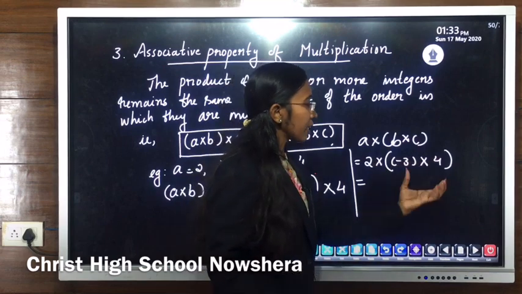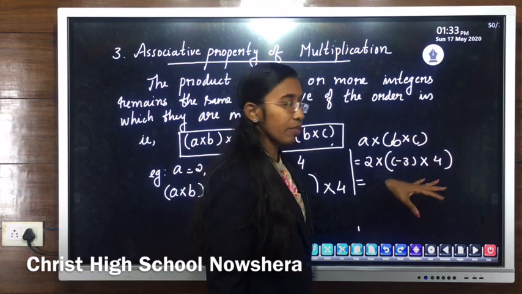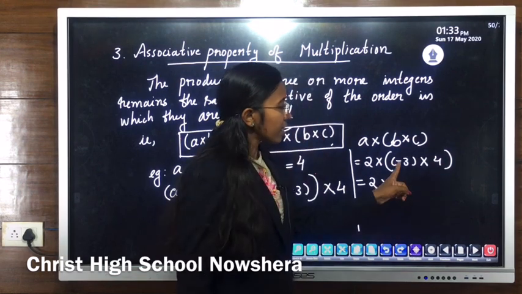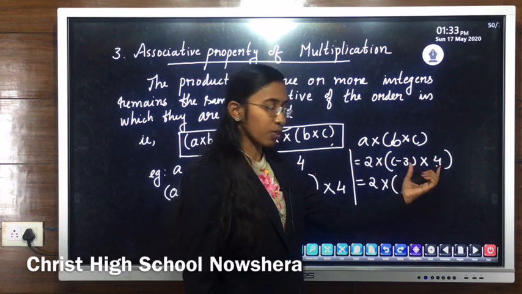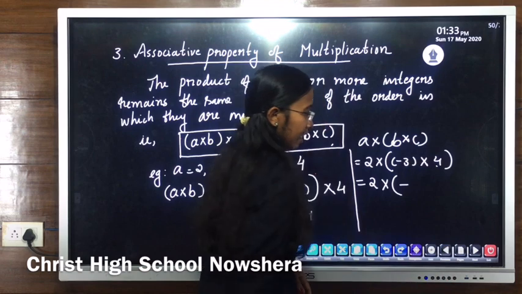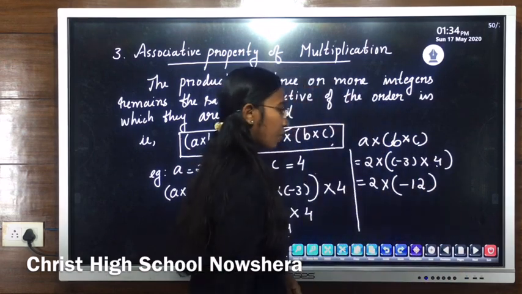Here first we are doing the operations inside the bracket. That is, here one is negative and one is positive. This is also unlike integers. Multiplication of unlike integers, our sign is always negative. 3 4s are 12.